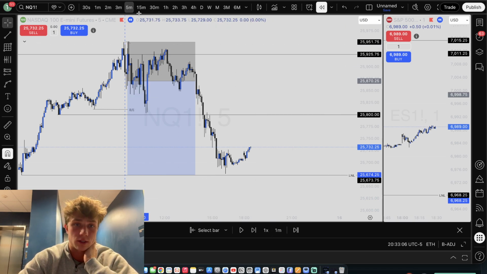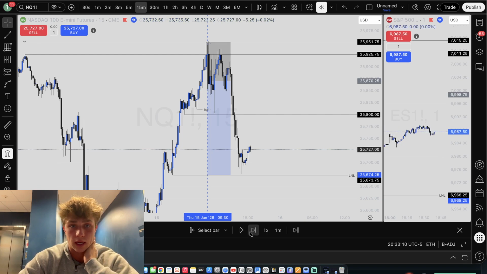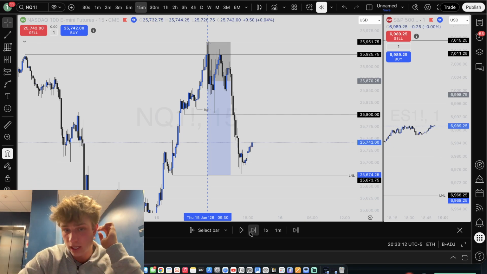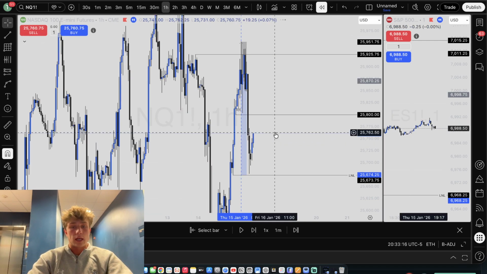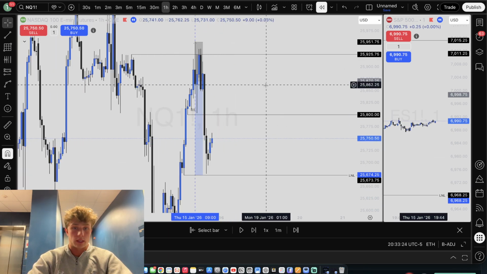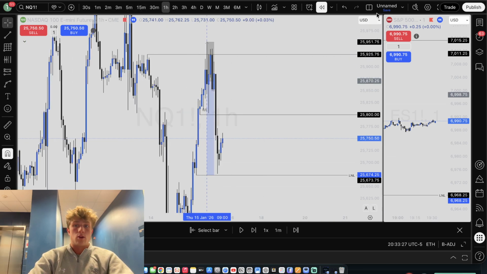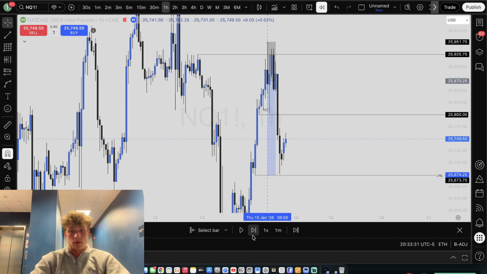Anyways, as you can see, we would have hit at least first take profit. And it is unfortunate that we got stopped out and we didn't end up getting to make our money for today, but we did get to ultimately predict where the market wanted to go, and that is ultimately what we're trying to do, and we were able to do that.